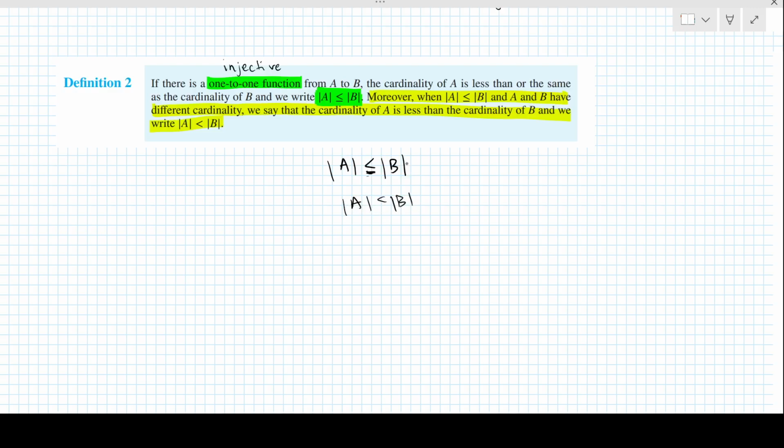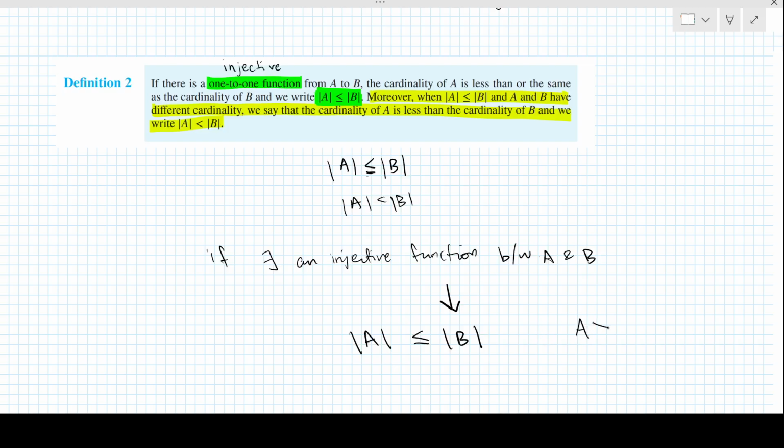The important thing to remember is this: if there exists an injective function between A and B, then you know that the cardinality of A is less than or equal to the cardinality of B. It could also be equal, but it's definitely not greater.